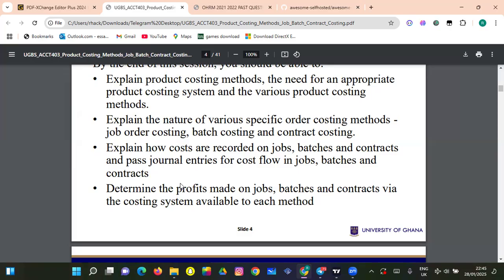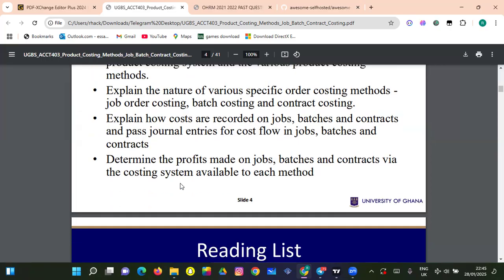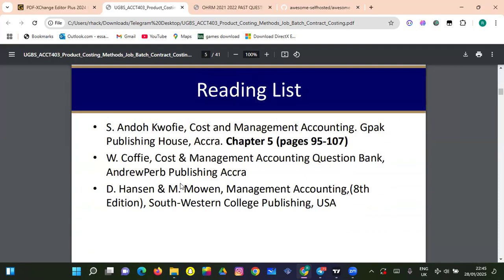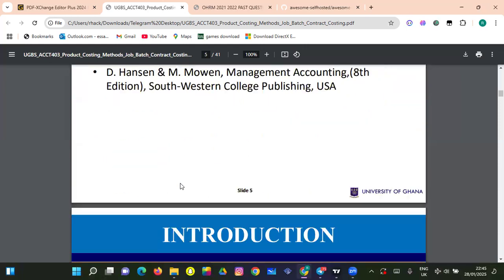And we should be able to pass journal entries for cash flow in jobs, batches, and contracts. At the end, we should also be able to determine the profit made on jobs, batches, and contracts via the costing system available to each. So these are some reading lists. You can take them on yourself.